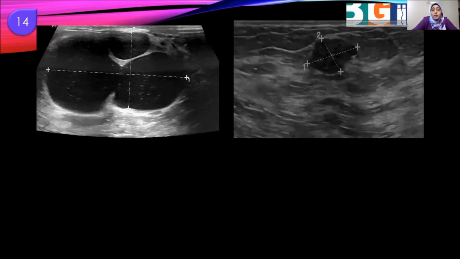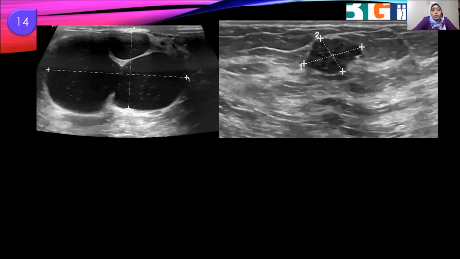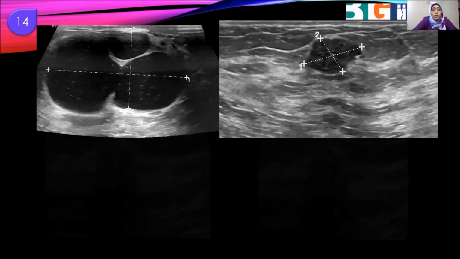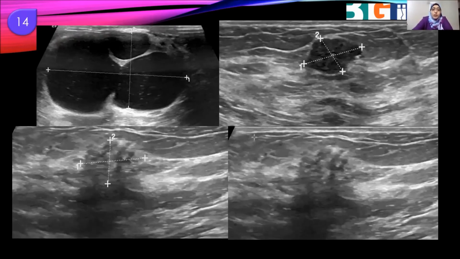There is another hypoechoic lesion beside it with a macro or microlobulated outline. There was also another isoechoic lesion, different in morphology. All three lesions were in the same quadrant, from 10 to 12 o'clock. They were not so far apart.